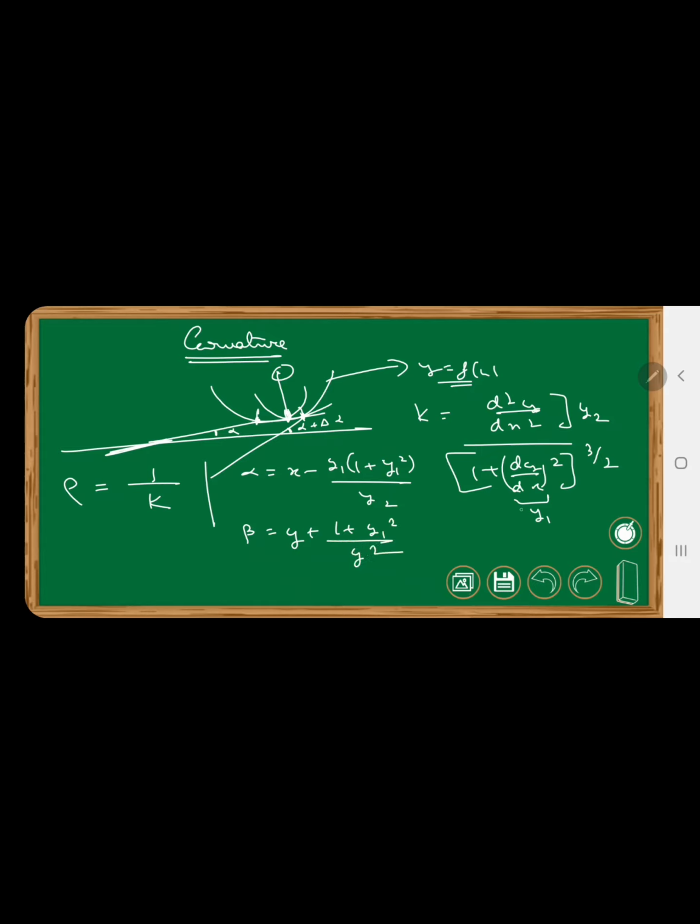Clear? These all are for Cartesian coordinates. This is clear, I guess.